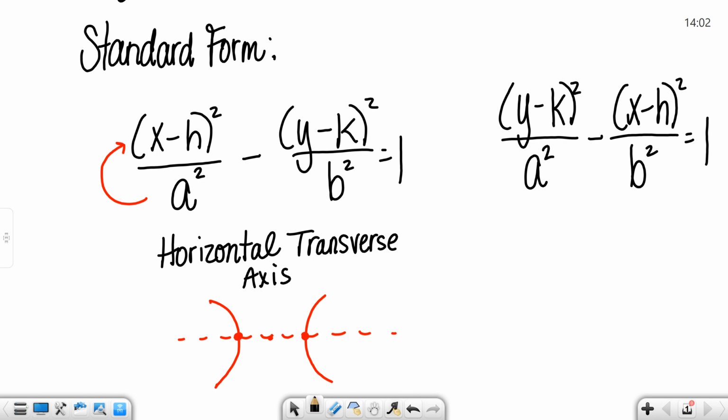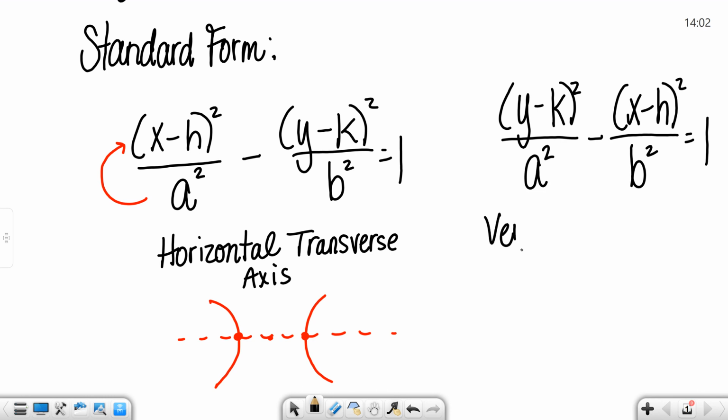And notice it is up under the Y. That is different. Still have the minus. So these equations are not identical. So don't look at your ellipse equations and go, oh, it's exactly the same thing with a minus in the middle. That is not true. You're going to mess up if that's how you do it. So make sure you have these equations beside you.